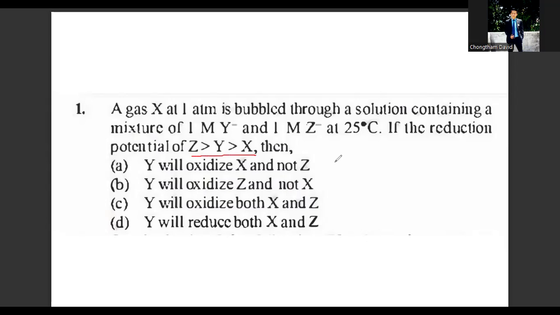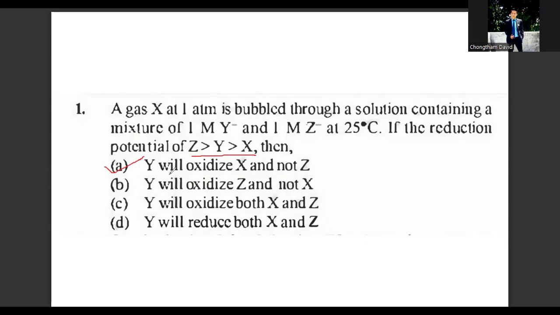Z is reduced and X is oxidized. Y is reduced and X is oxidized, as evident from this descending order. So Y will oxidize X and not Z. So option A, Y will oxidize X and not Z, is the correct answer for question number one. So I hope it is understood.